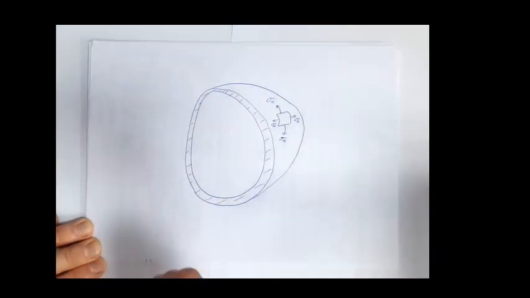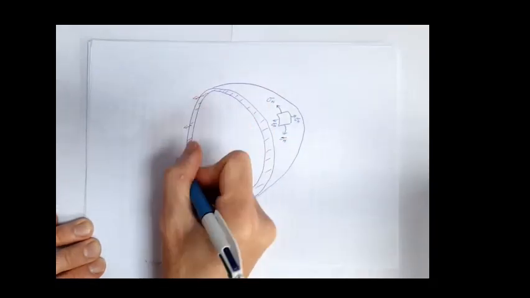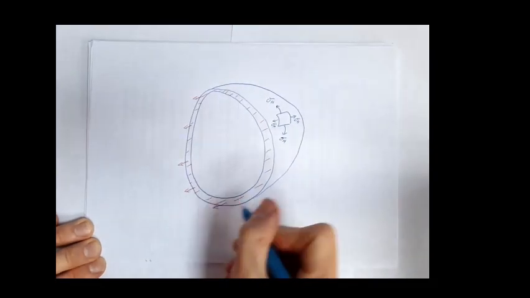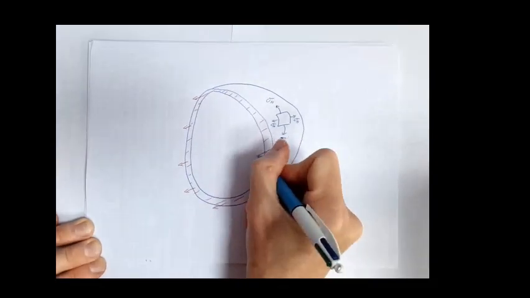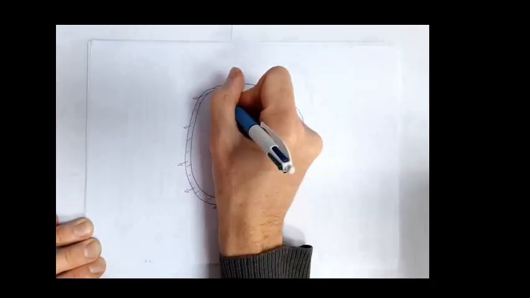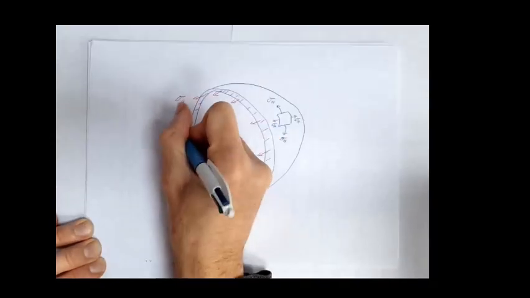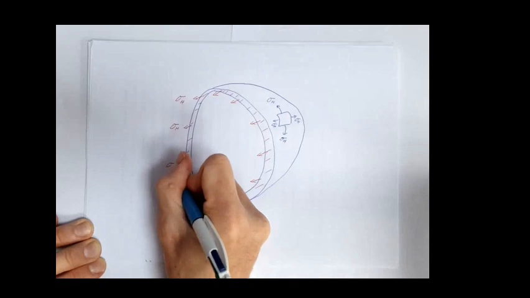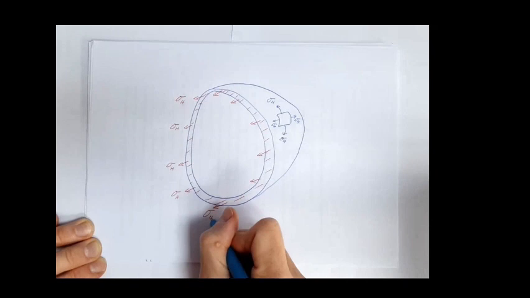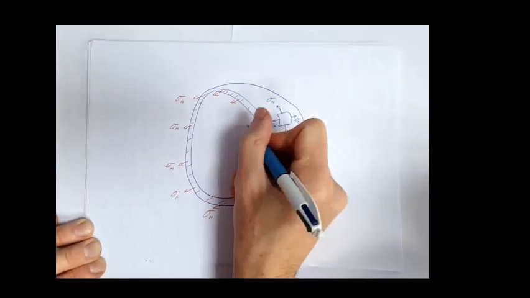Now, my hoop stress is clearly going to be acting on this face. It's the stress which is set up in the sphere to try and stop it expanding. So on this surface here, I would have hoop stresses. So you've got hoop stresses on all of those vectors there.